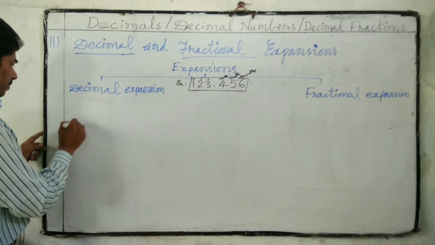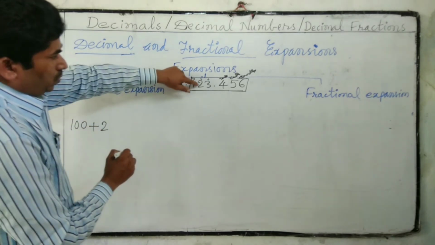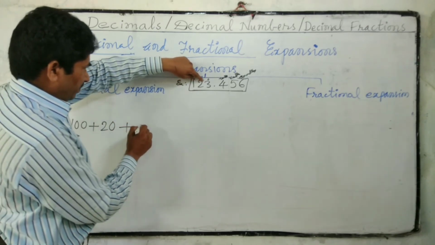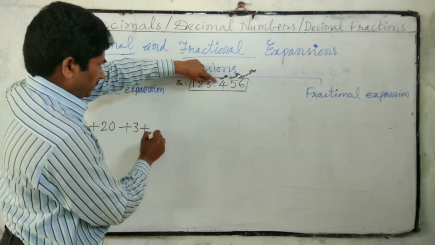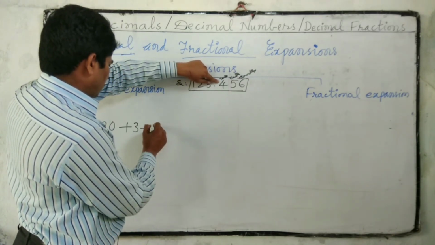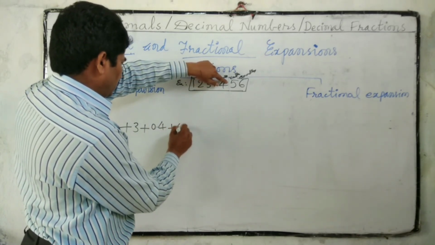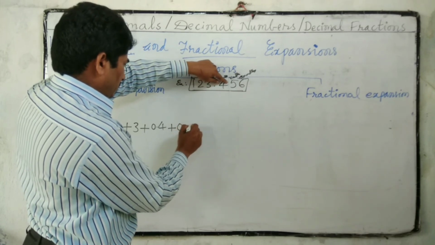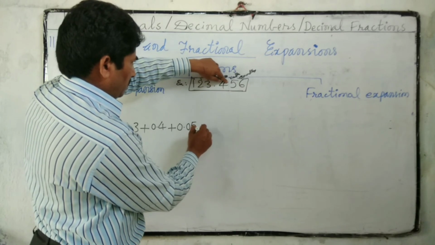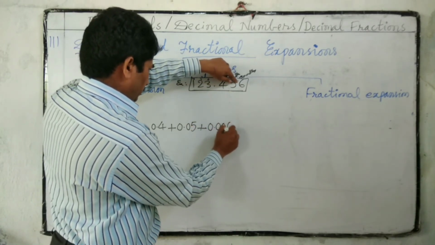100 plus 10 twos are 20 plus 3 ones are 3 plus 4 tenths 0.4, 5 hundredths 0.05, 6 thousandths 0.006.